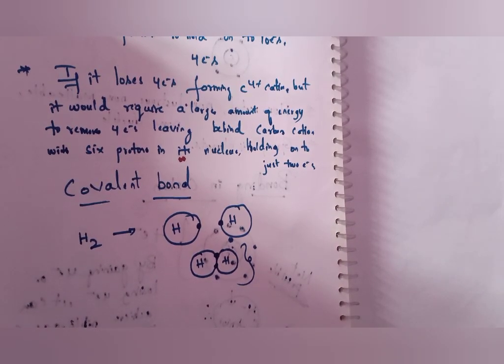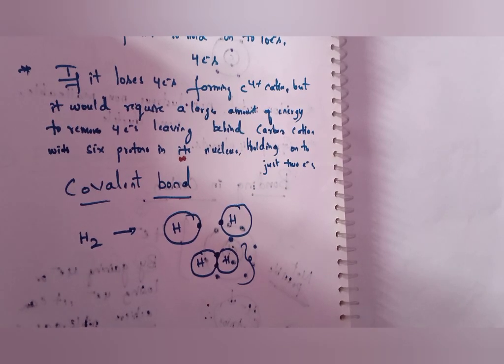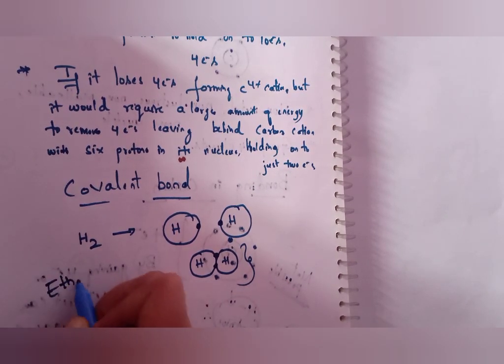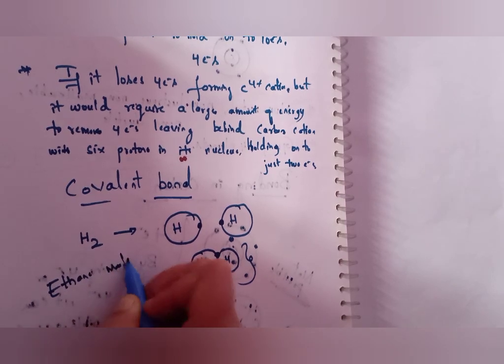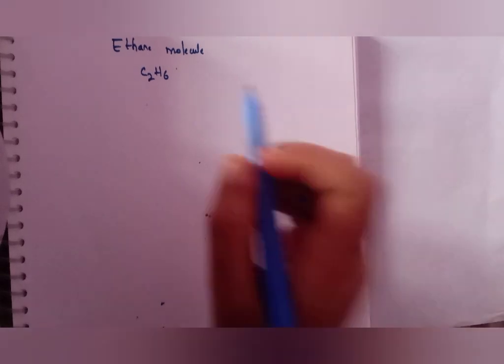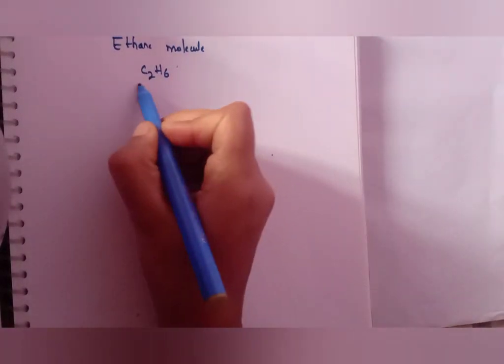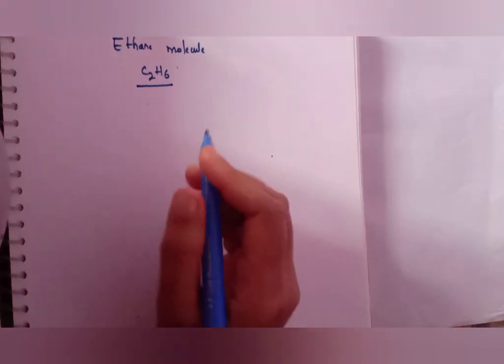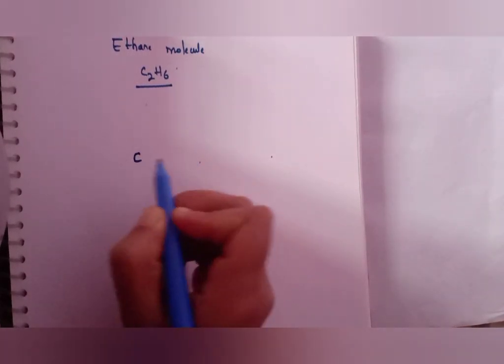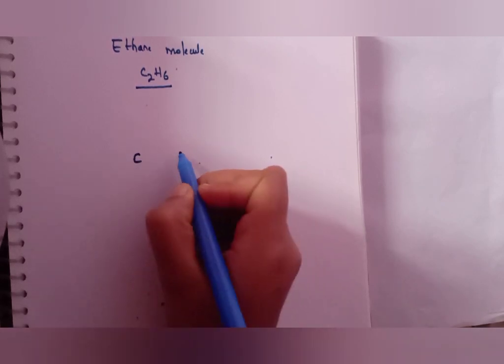So now let us see the covalent bonding in a carbon compound. Let's see the covalent bonding in the ethane molecule. Here ethane means C2H6. It is a carbon compound. So here let's write the structure of ethane. Here is a carbon and here is a carbon.